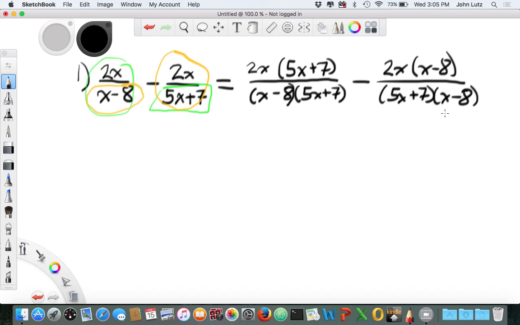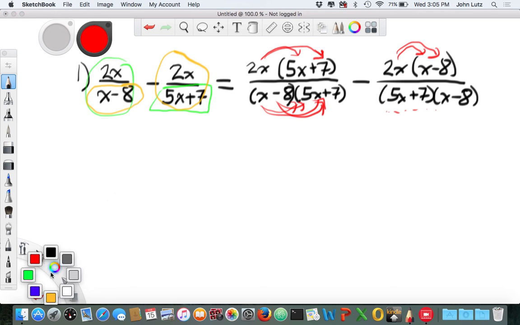But when you've got multiplication or addition, it does not matter what order it comes in. So we'll take our 2x and multiply it times 5x and times 7. We're going to do that here too. And then on the bottom, we're going to end up doing FOIL, right? And that's going to happen over here as well. So let's take a look at that.